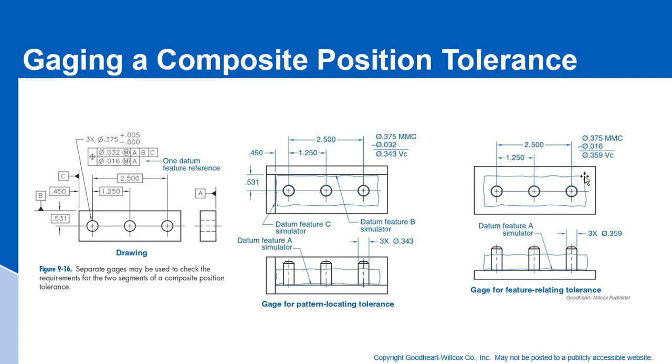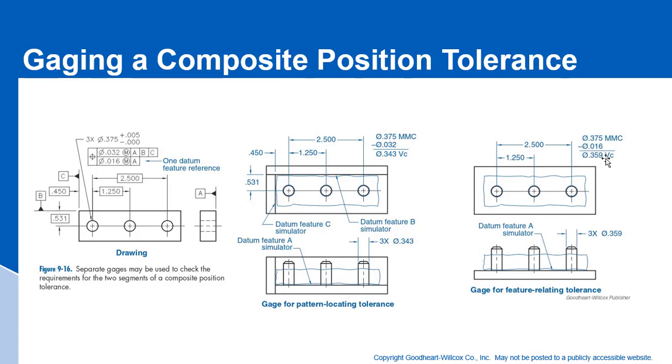And then next we're going to have a separate gauge just for the feature relating tolerances. Now if you notice, it just has a simulator for datum A. We only reference datum A in the feature relating tolerance zone framework, so we only have a simulator for datum A. And then the pins to inspect the holes are made to a different virtual condition, which would be the 375, that MMC of the hole, minus the 16 thousandths tolerance at MMC.